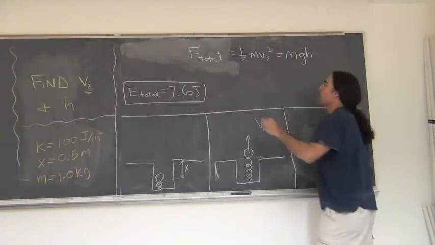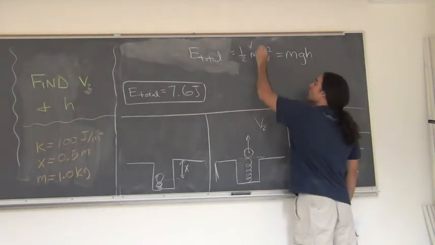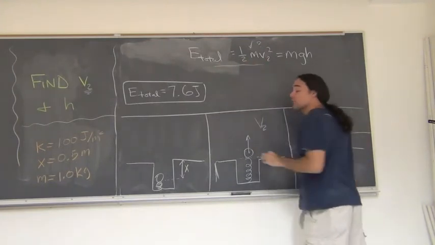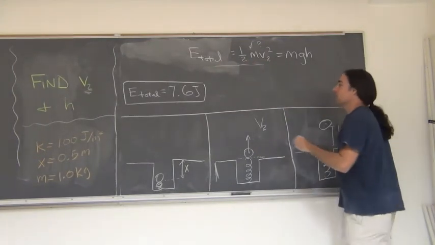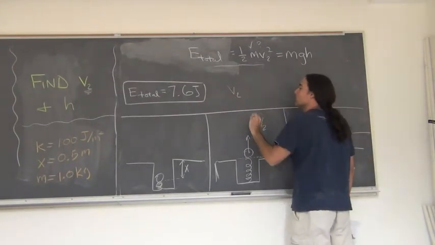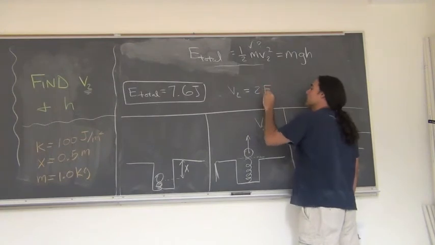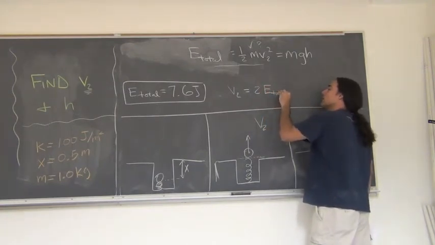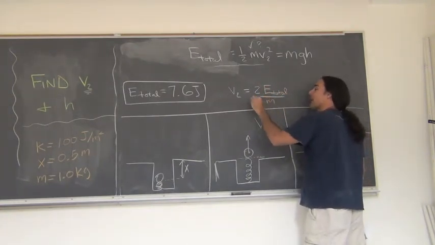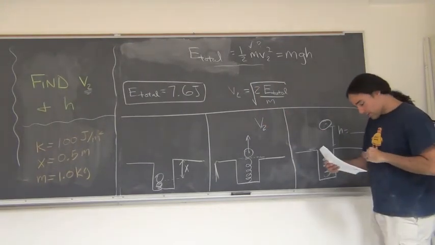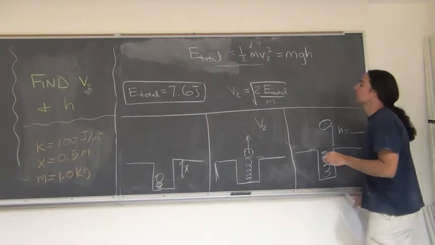Okay. Well, I know the mass. The only thing I don't know is V2. But I can solve this equation algebraically for that velocity, and when you do, you'll get that V2 is equal to 2 times the total energy, divided by the mass, and then we have to take the square root. Now when we do that, we should get a velocity.